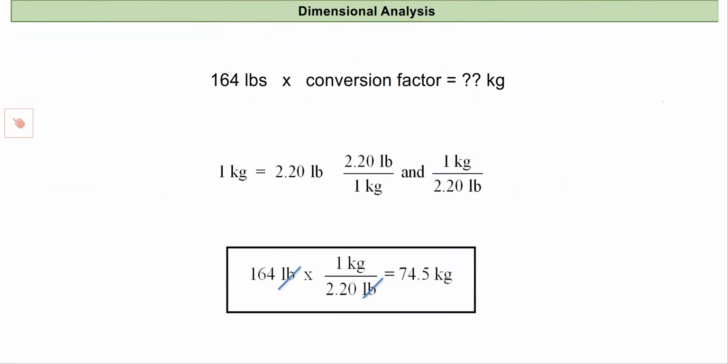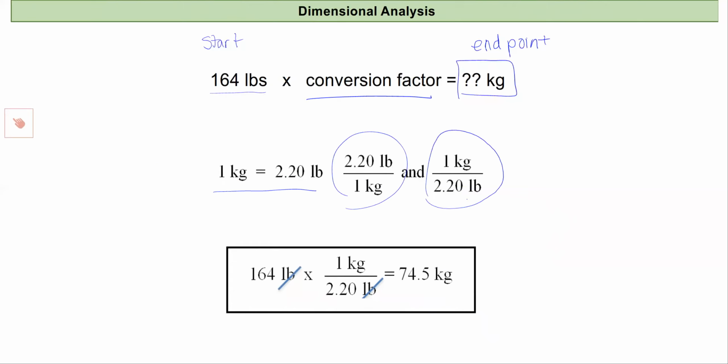So here we go. If we wanted to convert pounds to kilograms, if we knew we had 164 pounds, so this was my starting point, and I wanted to end up in units of kilograms, I would design my conversion factor to help me get there. So I know that 1 kilogram equals 2.2 pounds, and I can write that conversion factor as a fraction in 2 ways.